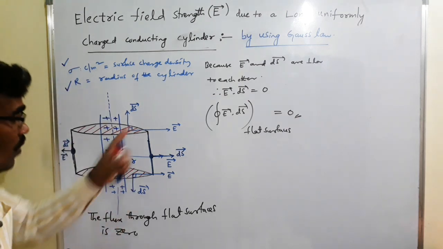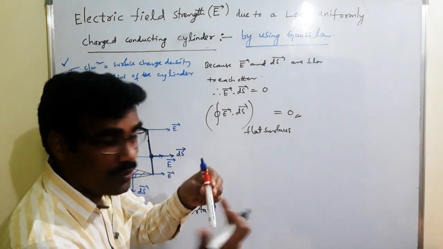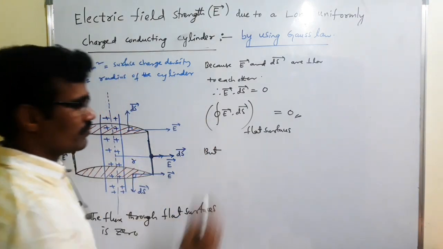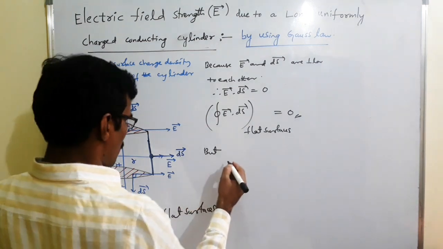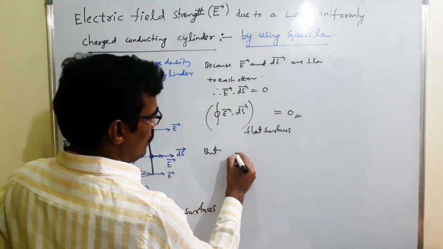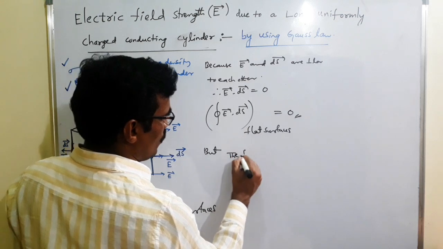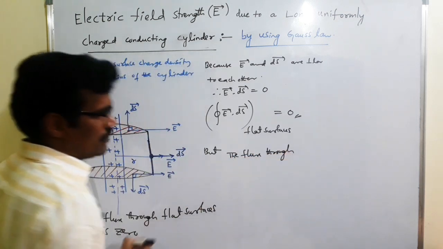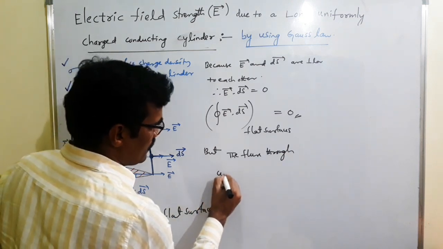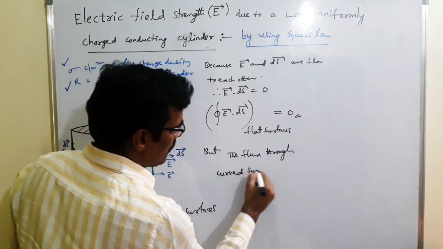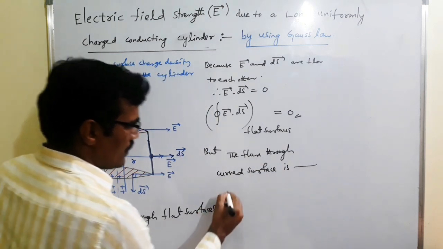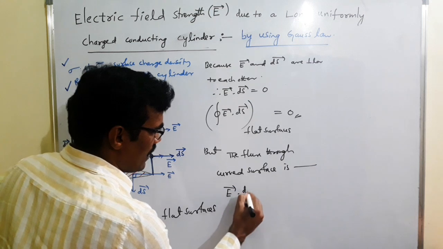Okay, no problem. What about the curved surface? Through the curved surface, the flux is the integration of E bar dot ds bar.